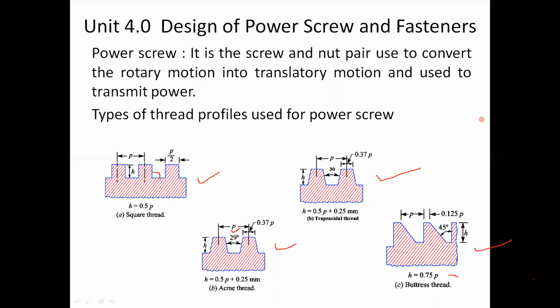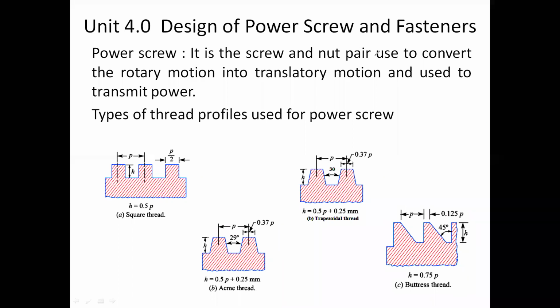The trapezoidal thread has an including angle of 30 degrees. And the buttress thread has an including angle of 45 degrees. These threads are differentiated like this. Next, we are going to see one by one the advantages and disadvantages of each thread profile over the others. Okay, so let us go further.